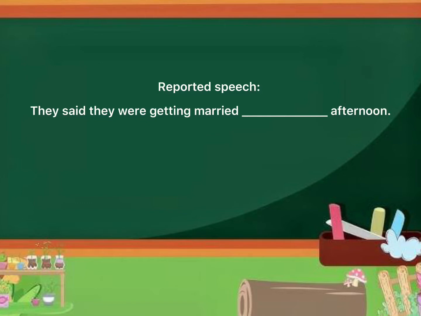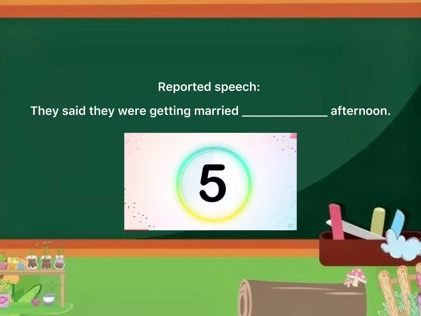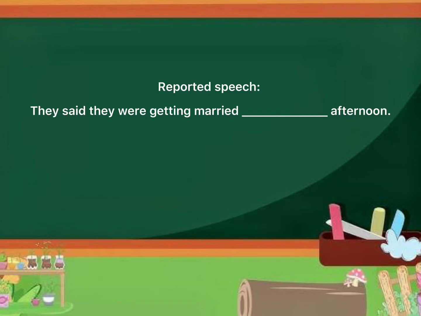Your timer starts now. I believe that your time is up. Now let's check if your answers are correct. Direct speech: We are getting married this afternoon. Reported speech: They said they were getting married this afternoon. So the answer is this.